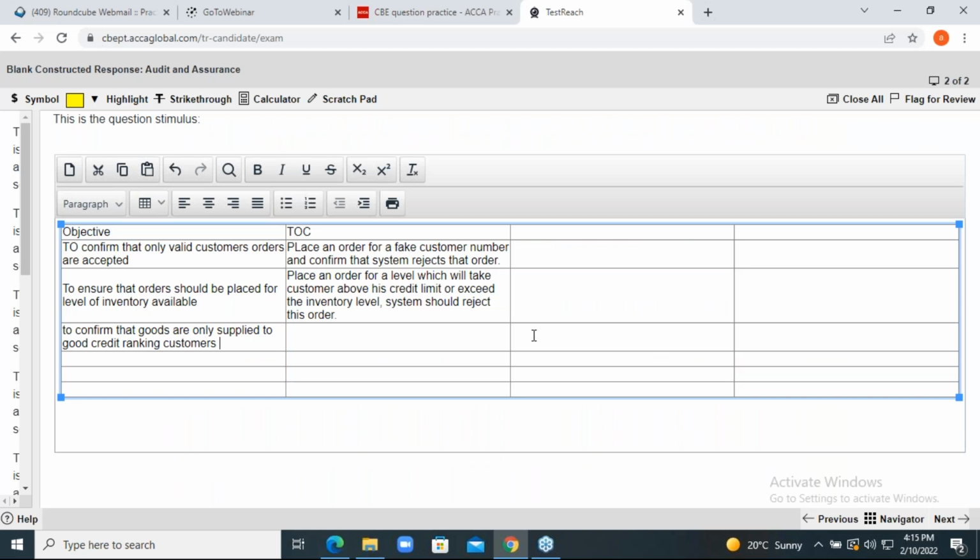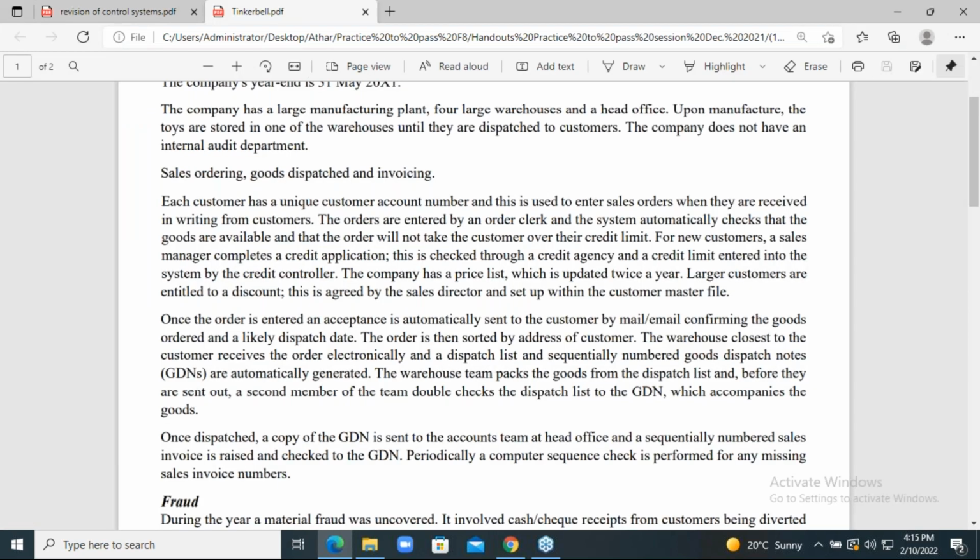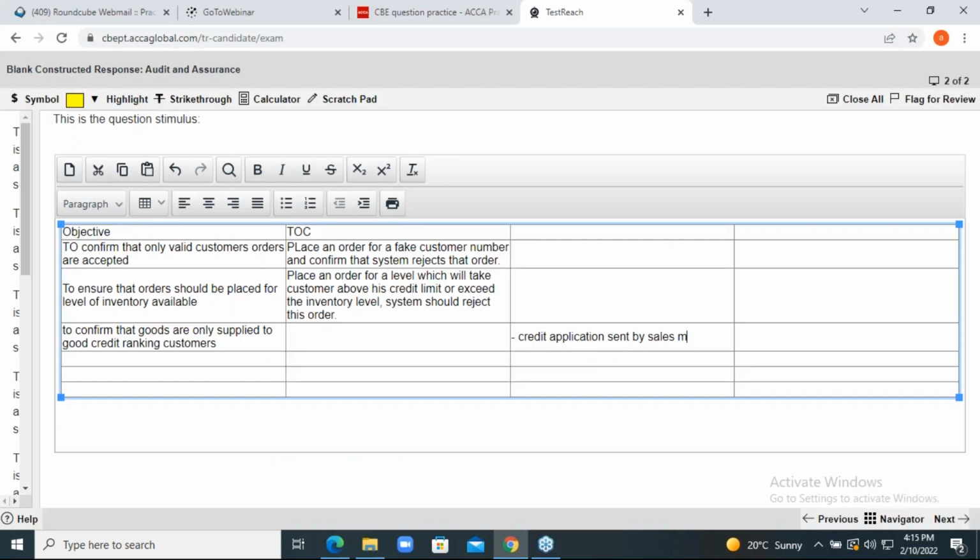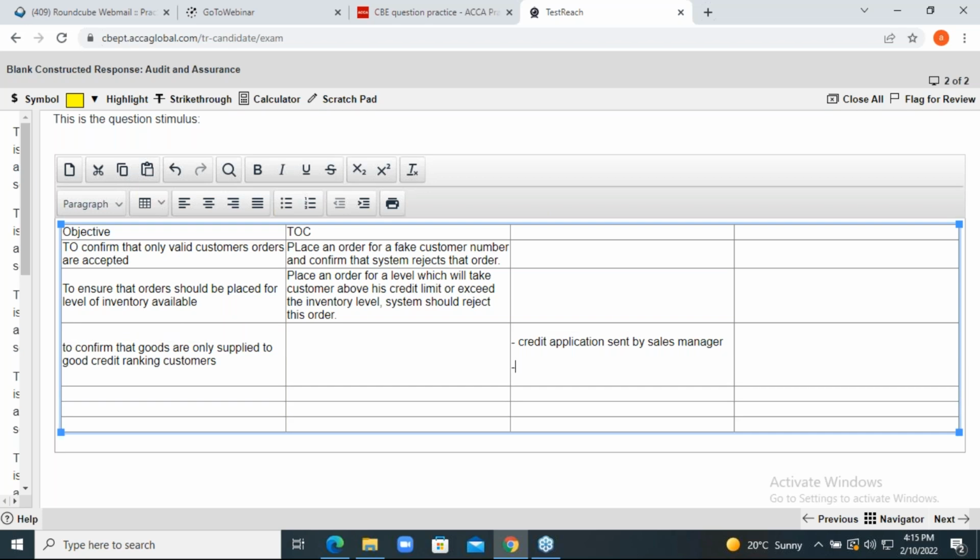You can see if I write here: the first process is the credit application sent by the sales manager. This is the first sub process. The second process: the credit agency gives the ranking.